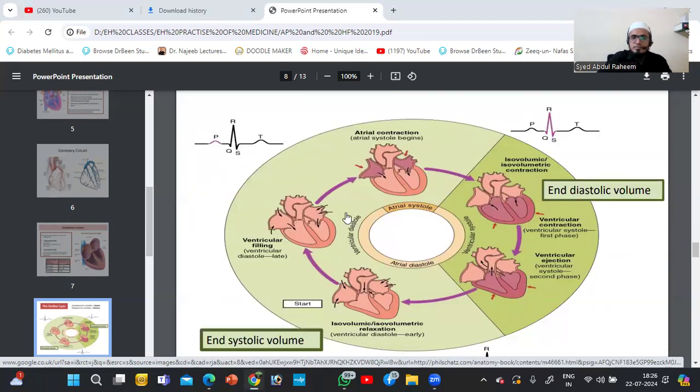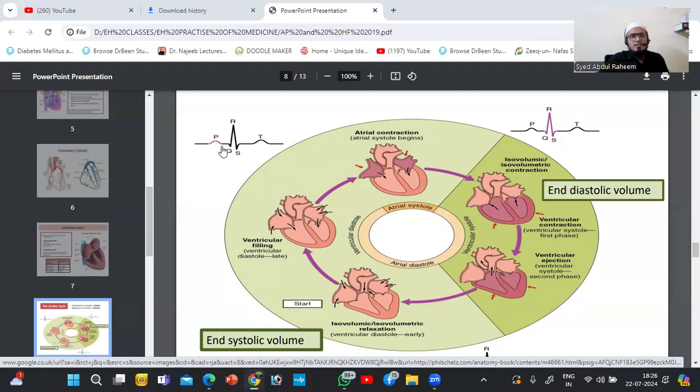Simply, ventricular contraction happens and blood goes to the aorta and pulmonary artery. Then gradually atrial contraction happens, and it ends here. All this is known as the cardiac cycle.